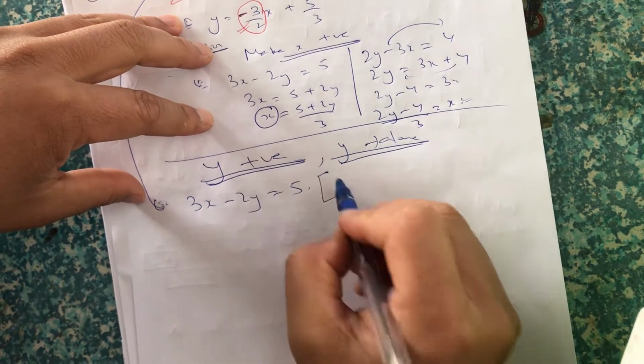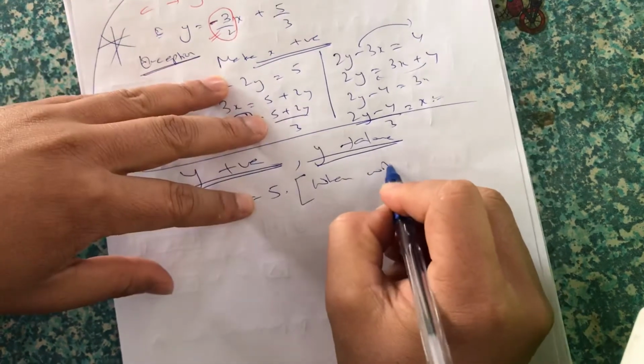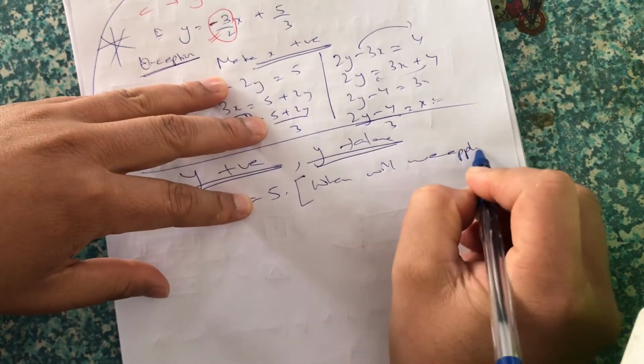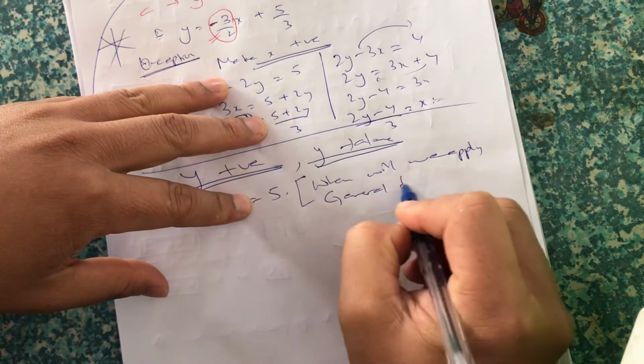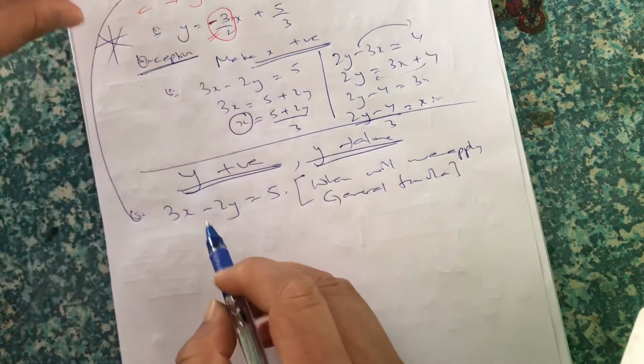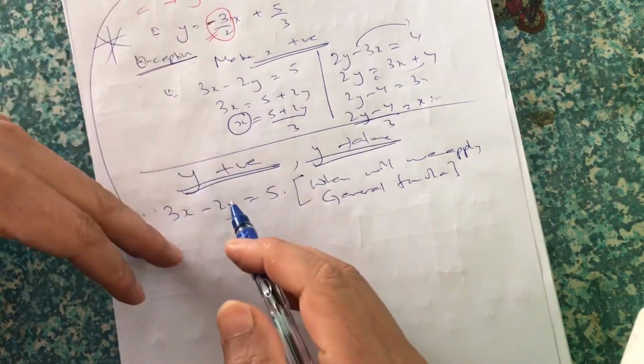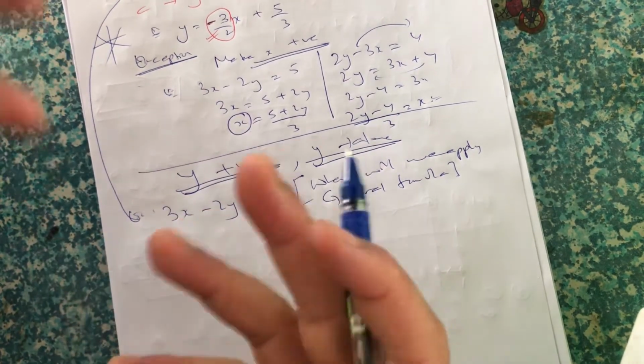And when will we apply the general formula? So how do I know that, okay, this is an equation given and this is where I have to apply my general formula? How do we come to know?